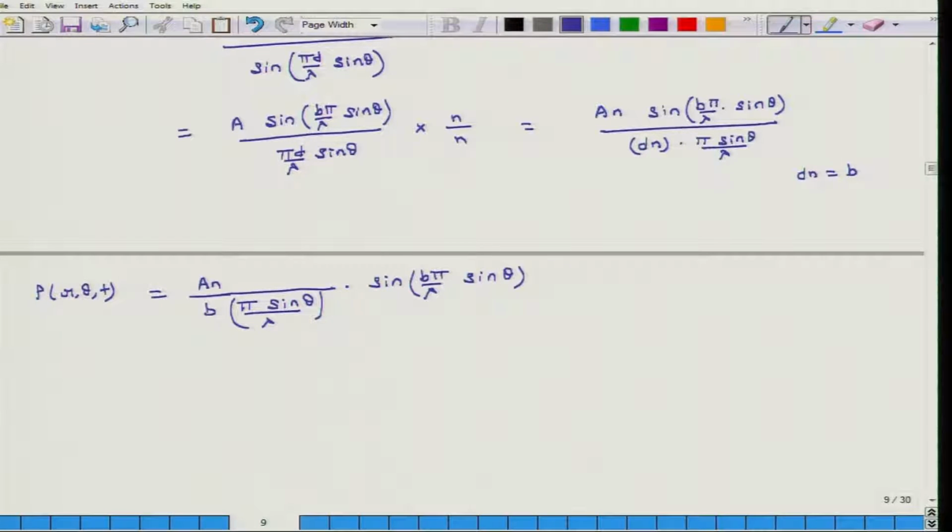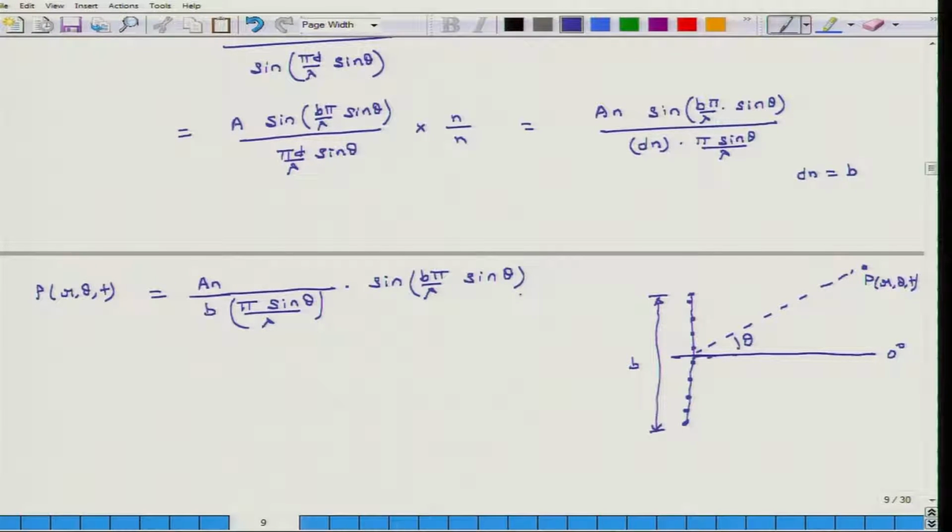Now, suppose this is the array with all these infinite or extremely large number of sources, and this array is b units long. Let us say this is my 0 degrees. So, if point P is located here, then this is point P(r, theta, t), okay, and this angle is theta.